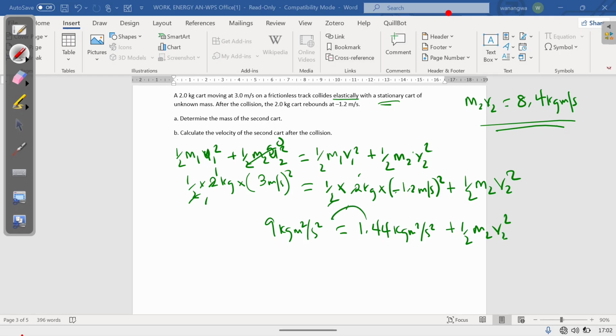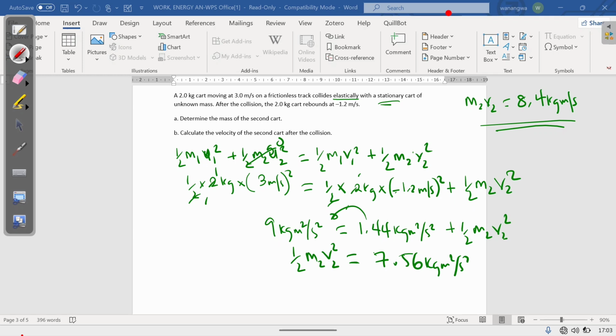Okay, so when this goes there, it will subtract, so that will be minus 9. Okay, so that gives us half m2 v2 squared equals 7.56 kg meter squared per second squared. Okay, so from there we multiply both sides by 2.